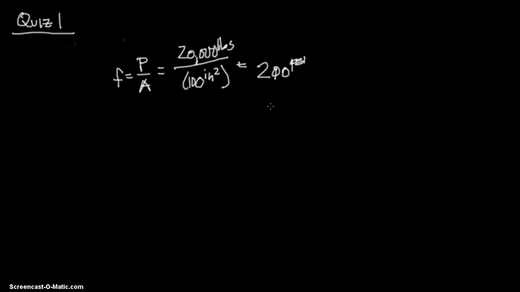Number 8, the yield point is A, the maximum unit stress that can be developed in the material. No, I would say that's the ultimate stress point. And once again, the yield point is a point where it's still elastic, meaning that if you stress it, it will elongate, but when you stop stressing it, it'll still go back to its original shape.